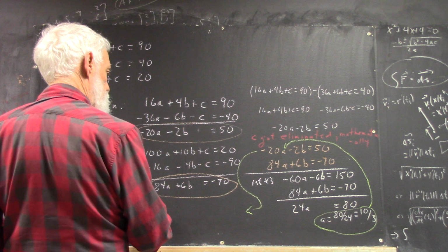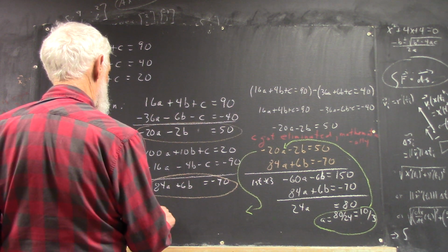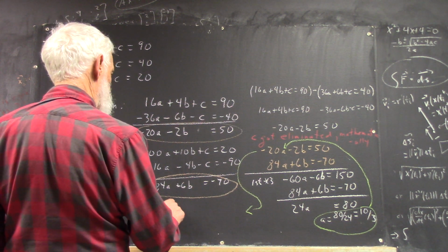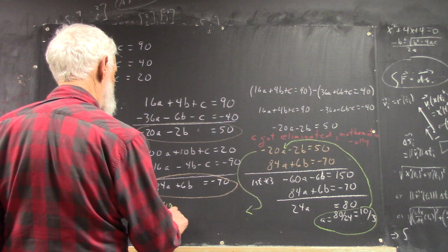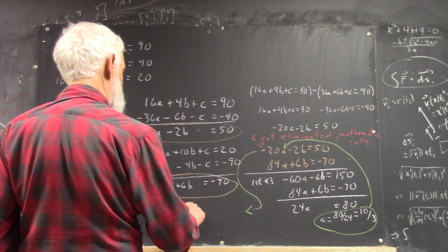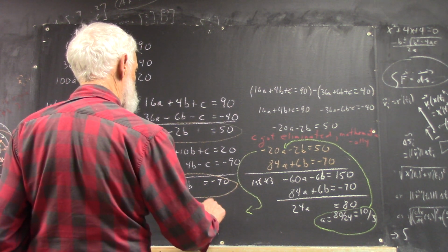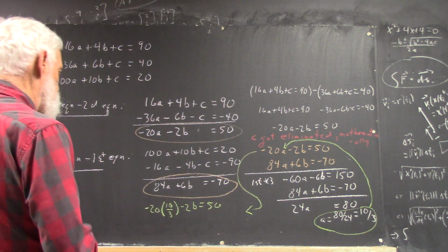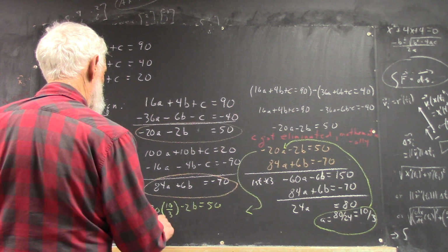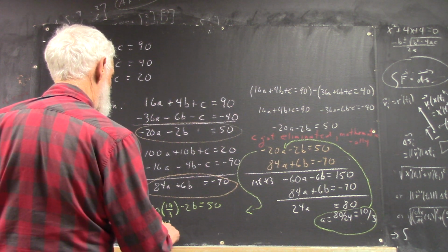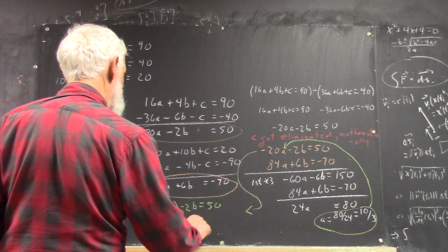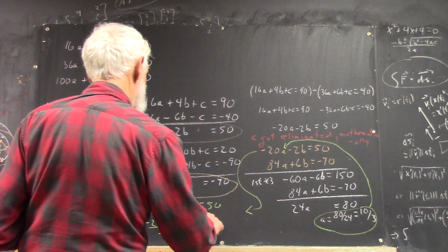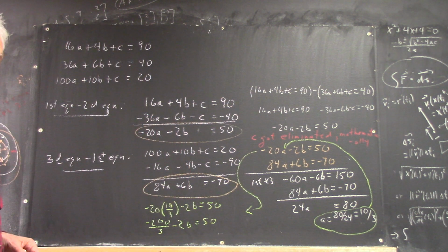Okay, so I have negative 20 times 10/3 minus 2b equals 50. How do I solve that? Well, first I have negative 200/3 minus 2b equals 50. And now what do I do?